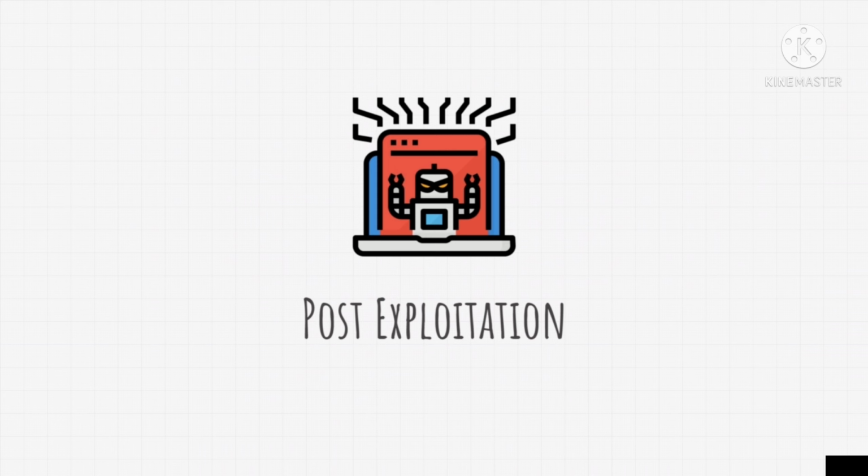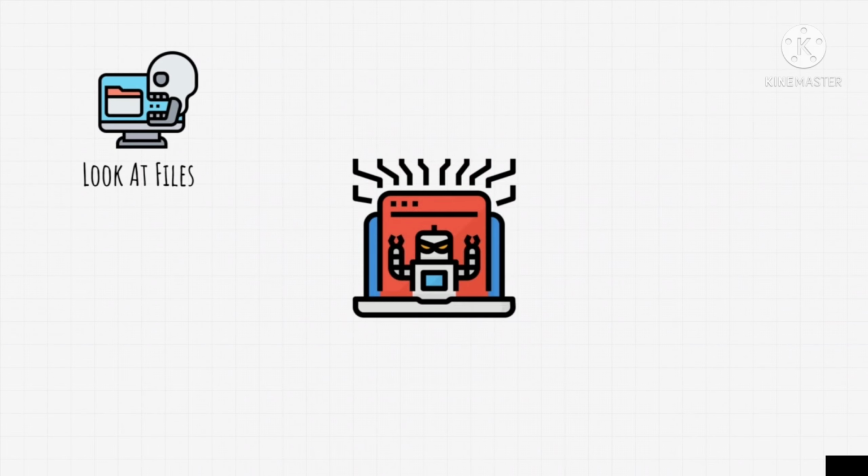Well, we have lots and lots of options, depending on what we want to find, of course. For example, the most simple thing we can do is scroll through their file system and look through what files and programs they have on their machine.